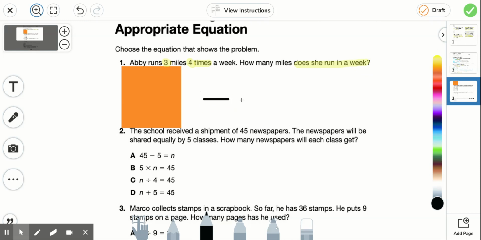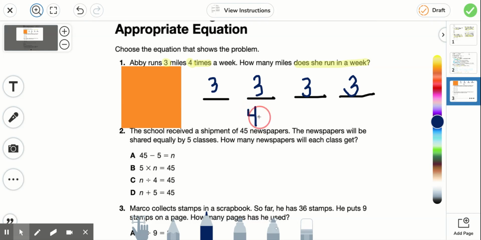So here's one time this week, another time, another time, another time. Maybe this is Monday, Tuesday, Wednesday, Thursday, and she takes weekends off. I don't know. But each of these times, she's running 3 miles. So here's 3, 3, 3, 3. So I've got 3 4 times. This looks to me the same as there are 4 times each week that she runs 3 miles.